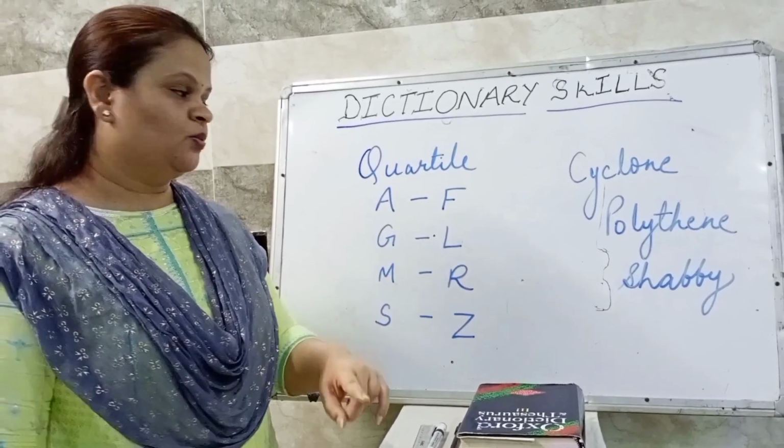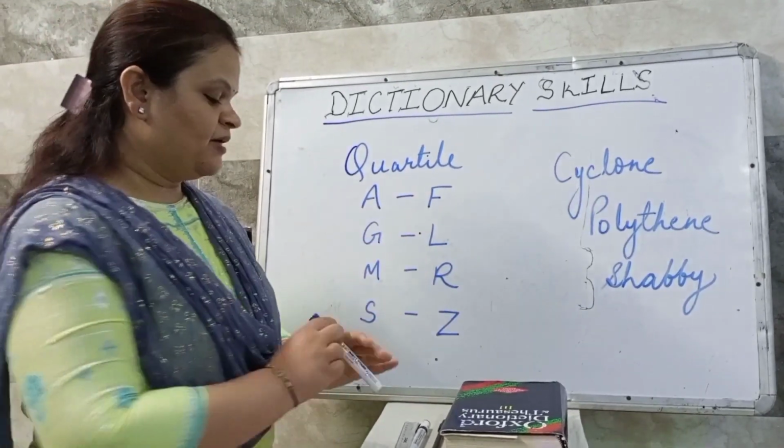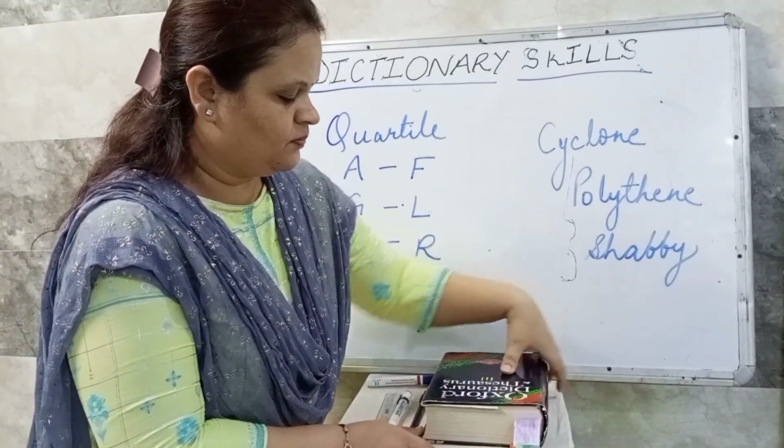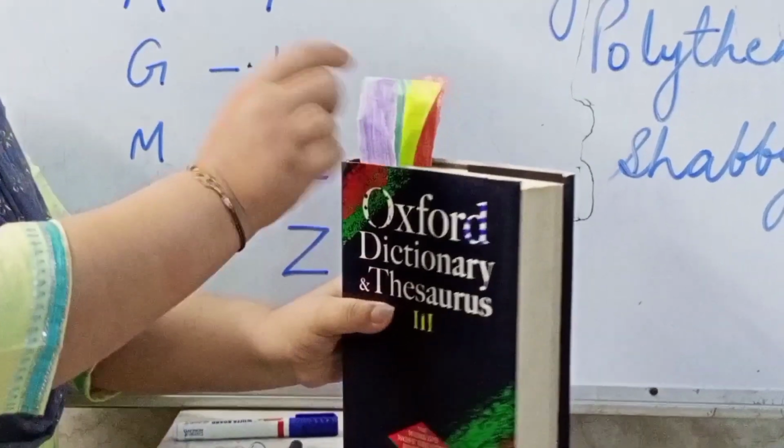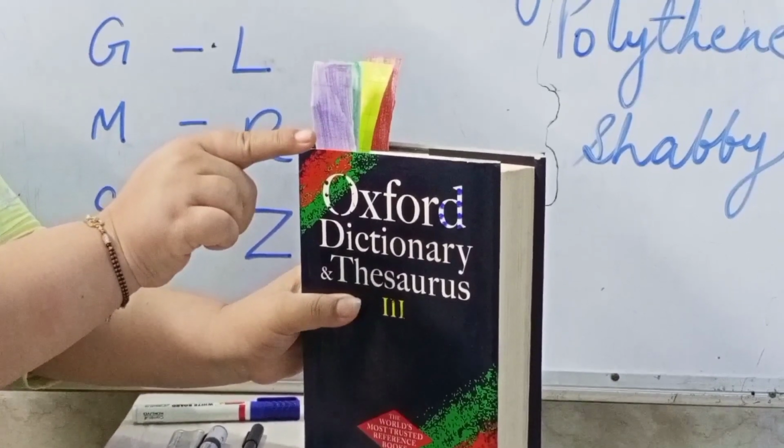Now I will show you how. The first quartile is A to F. This is the dictionary. This is the first bookmark.